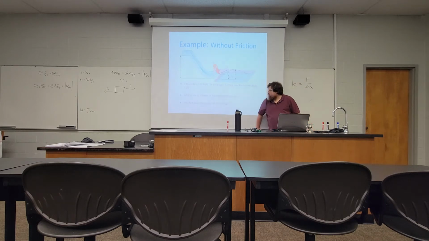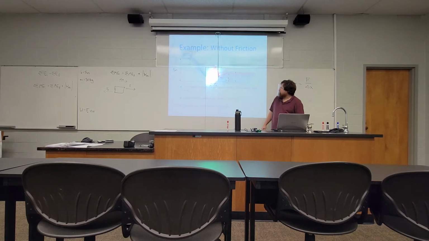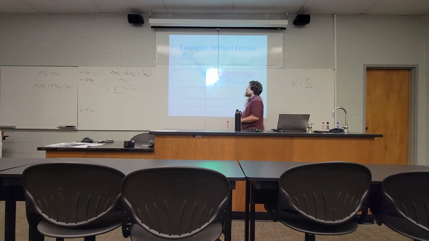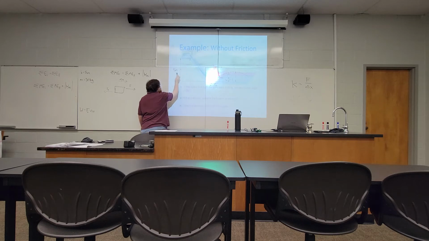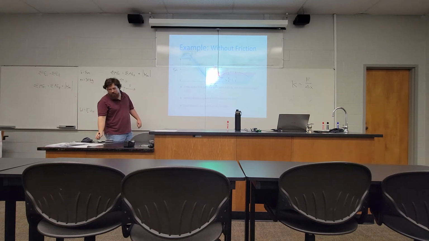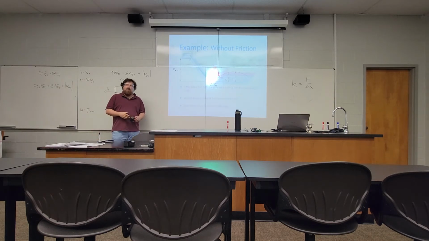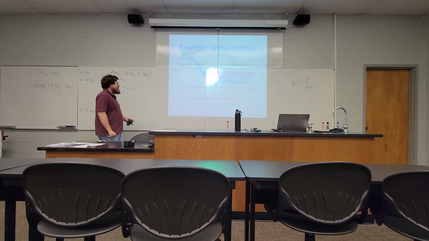So, at the top of this slide, you are 5 meters in the air. What form of energy would you have in that position if you were sitting on the top of the slide?